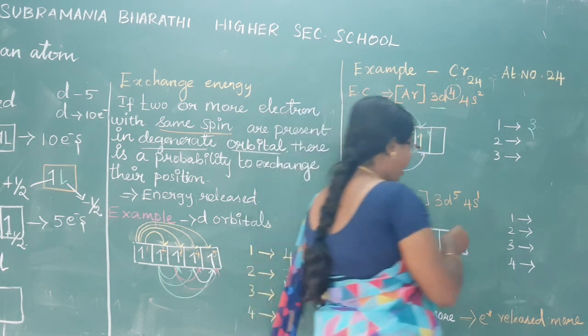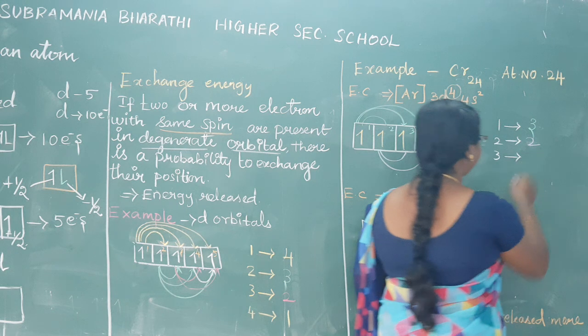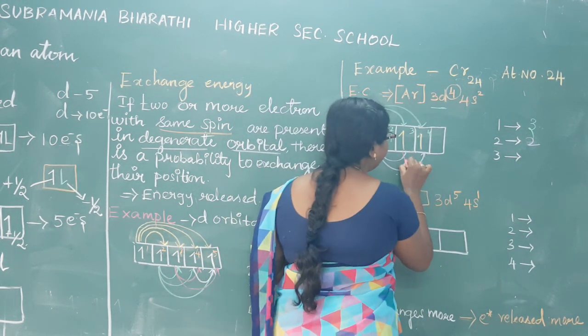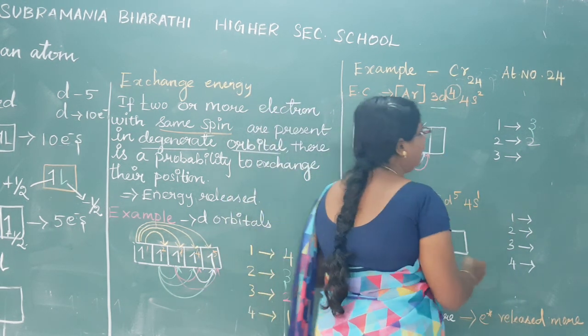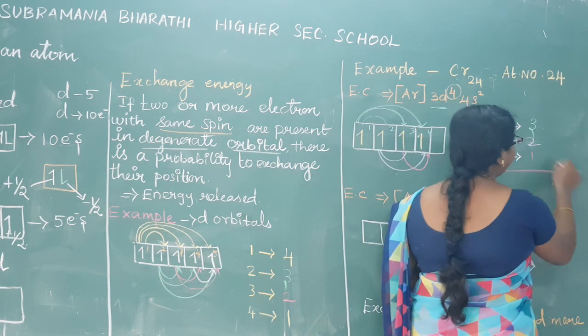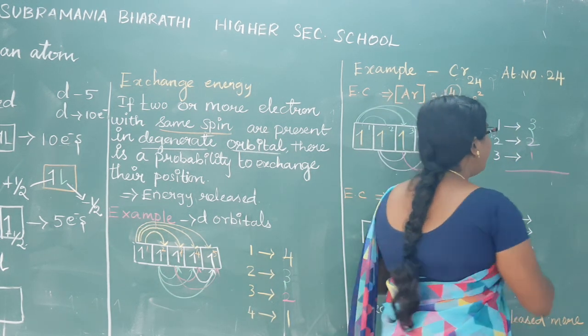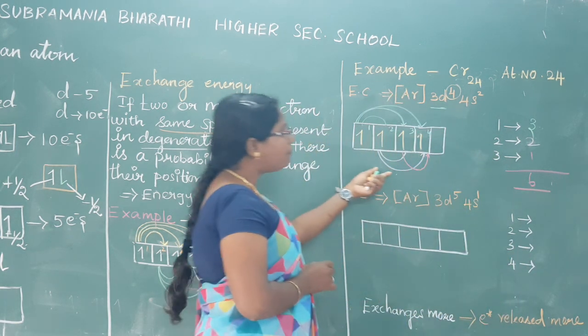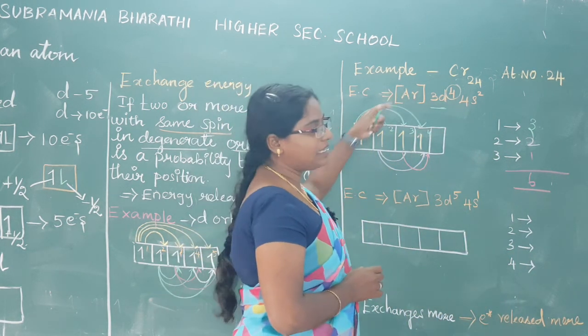So, we are having only 2 possibilities. The last one, third electron with the fourth electron, only 1 possibility. If I add the number of exchanges, I can get 6. I can have 6 exchanges for this example.